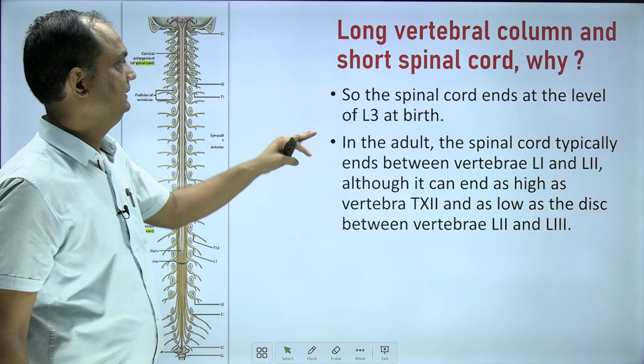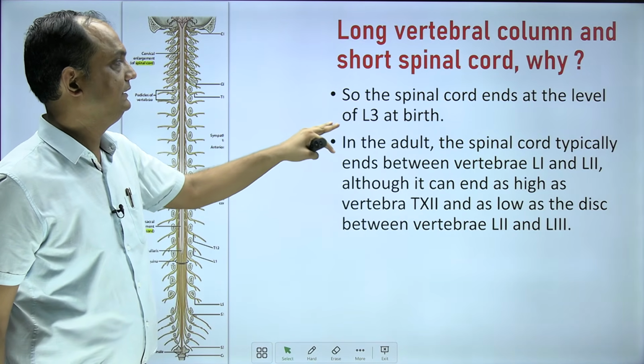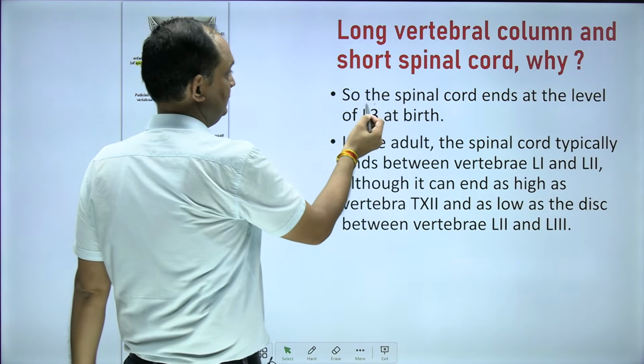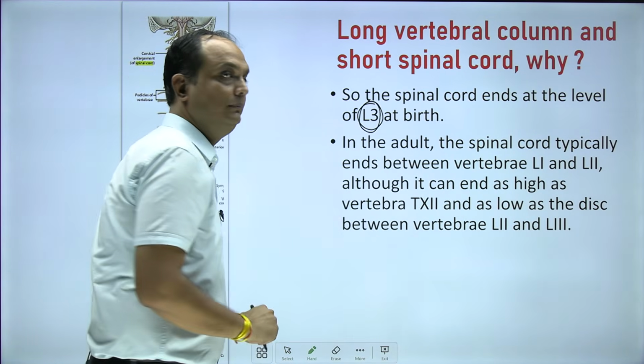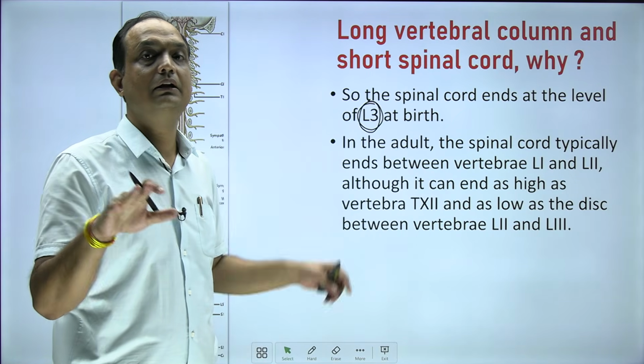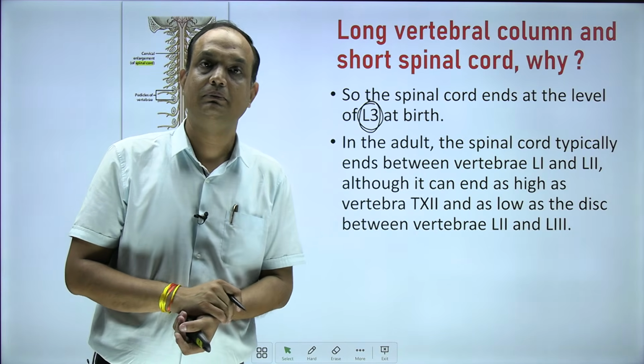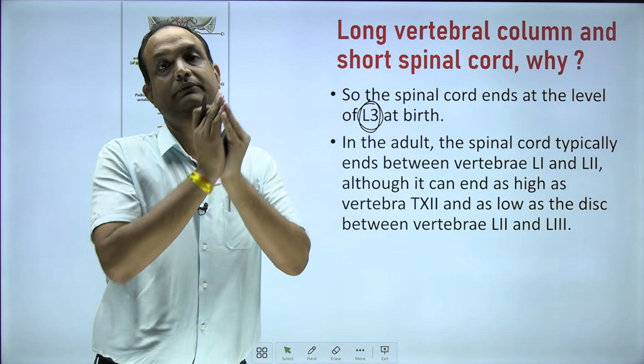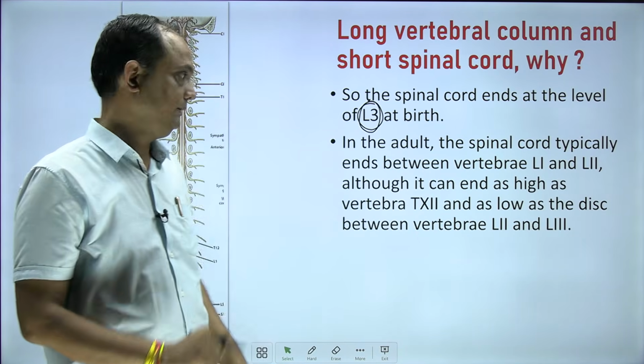The spinal cord ends at the level of L3 at birth. In a newborn baby, the lower end of the spinal cord, which earlier was equal to the length of the vertebral column, now ends at the level of the third lumbar vertebra.